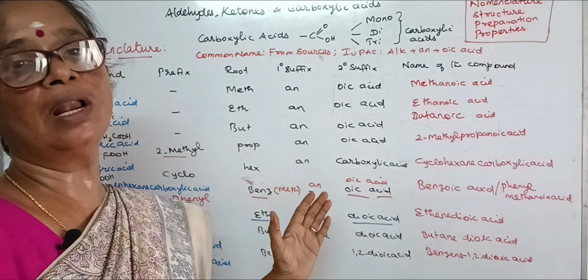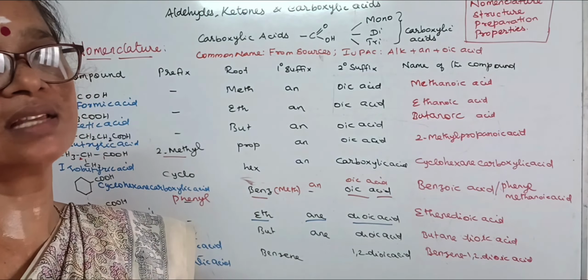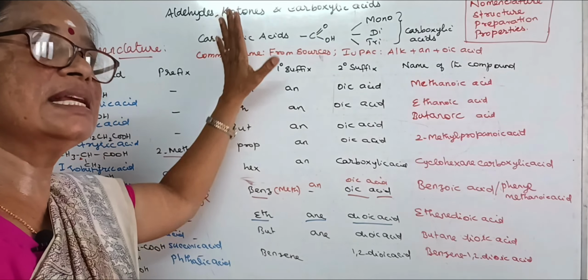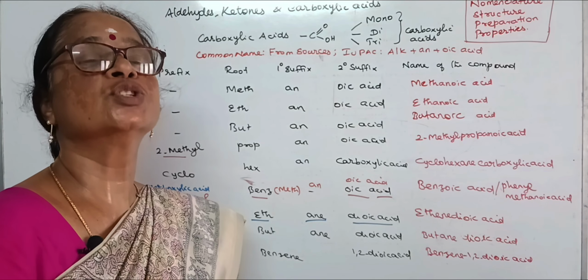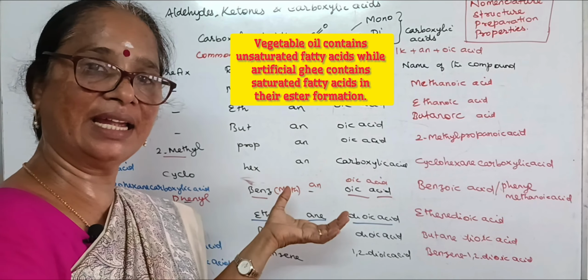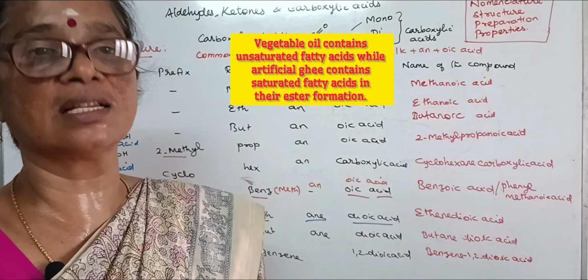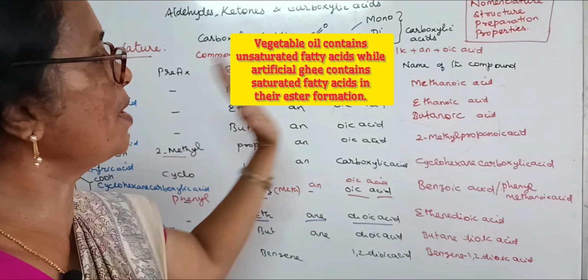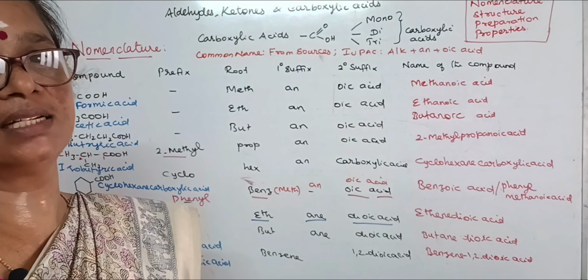So vegetable oil or ghee or any other sources will contain these carboxylic acids in their ester form. Most vegetable oils contain these fatty acids in the form of esters. That's why the higher members of carboxylic acids are referred to as fatty acids.